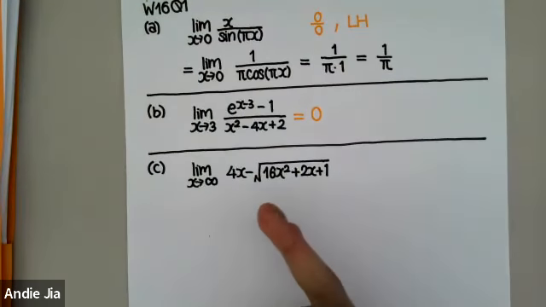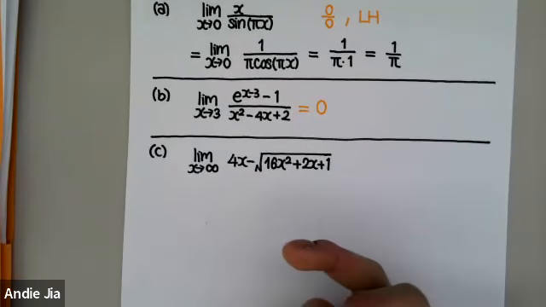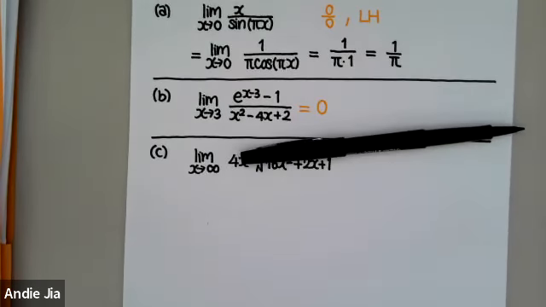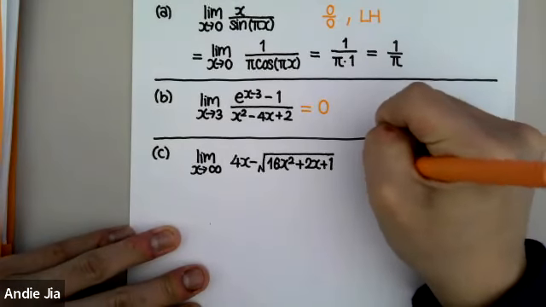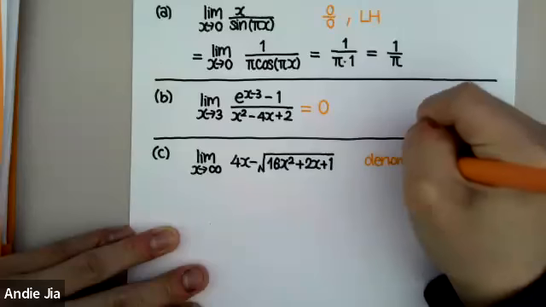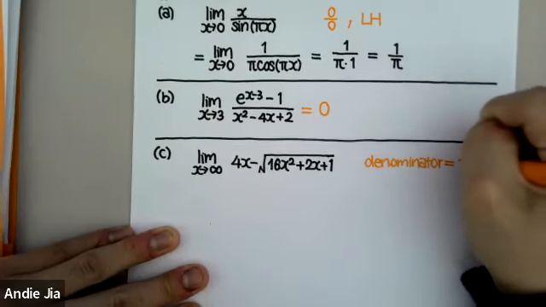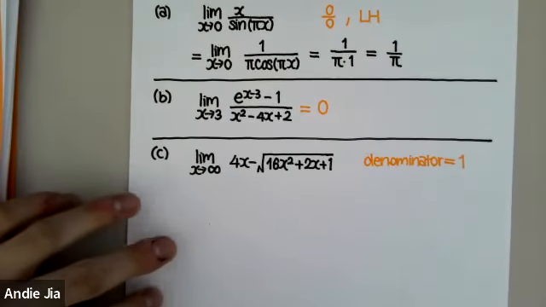Okay, if you ever see a radical and another term, write it like this. This time I treat the denominator as 1. And then we rewrite the limit.